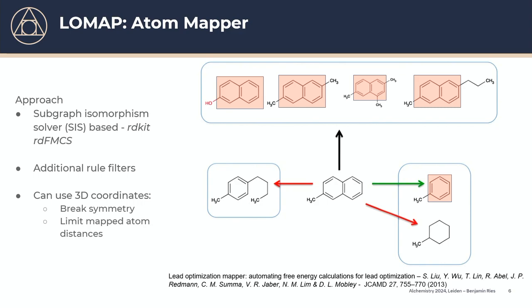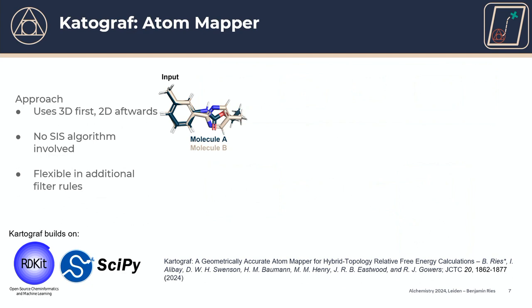This is one atom mapper implemented in OpenFE, and the other implemented atom mapper right now is Cartograph. What does Cartograph do in comparison to LOMAP? Cartograph turns things around. We don't do 2D first and then go into 3D. What we do is start with 3D and try to shortcut the algorithmic cost with that.